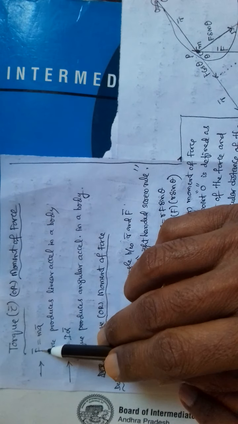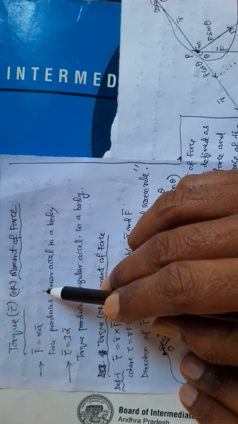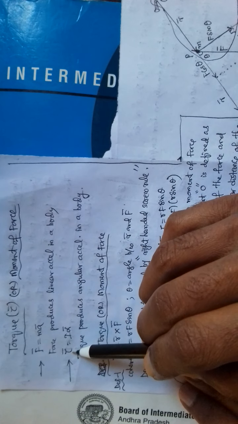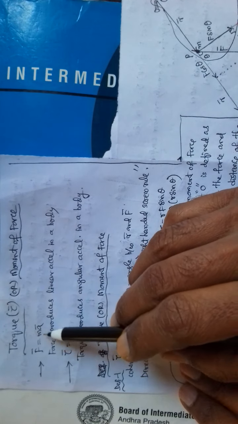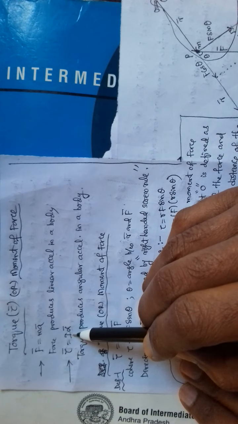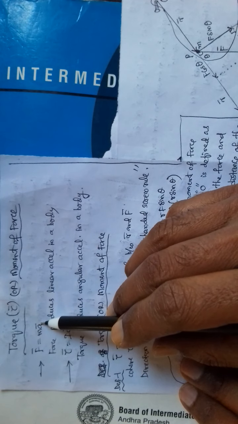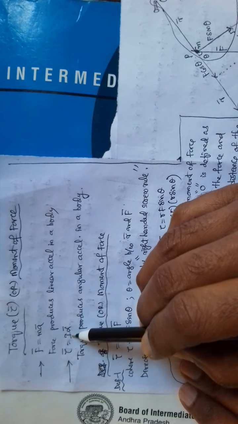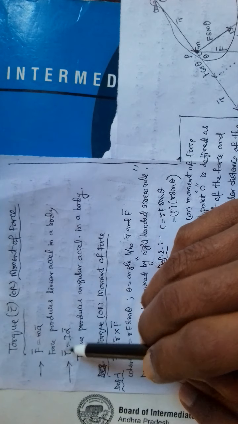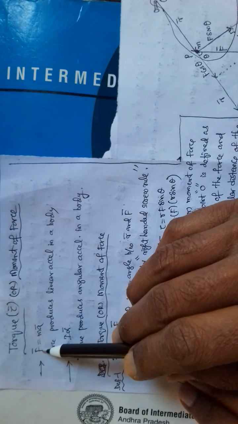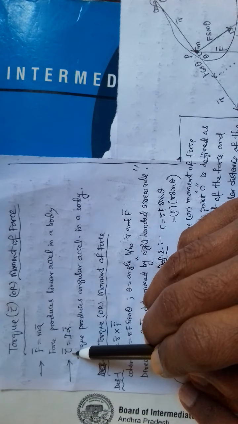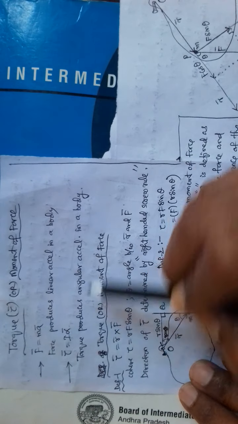Just like that, analogous to this equation, in rotational motion we have this equation. Here tau is called torque. In place of mass we get moment of inertia, and in place of linear acceleration we get angular acceleration. This is a vector, this is a vector. So here force produces acceleration, just like that torque produces angular acceleration in a body.